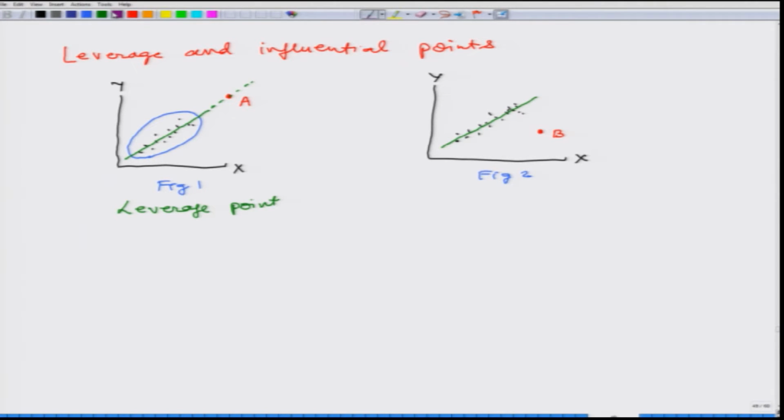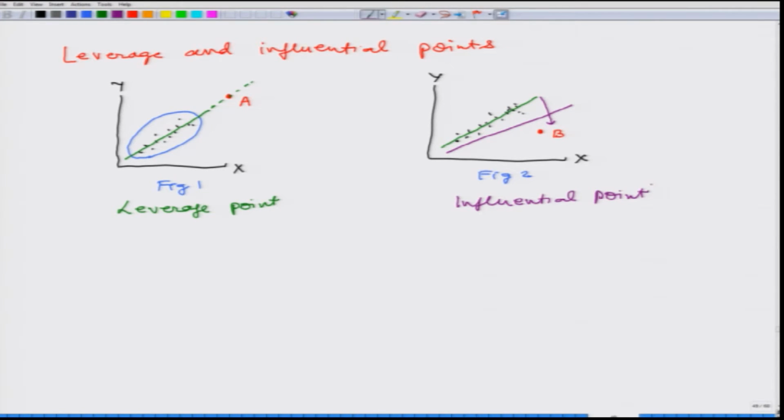If I include this point B in the given sample of data, then the new line will be somewhere here. So, what we observe is that this point B is trying to attract the fitted regression line towards itself. So, this is called an influential point.